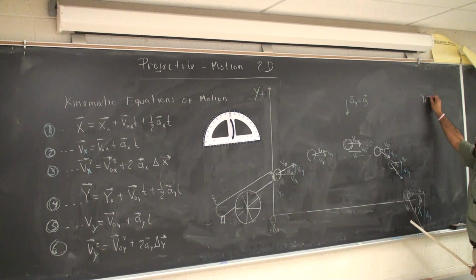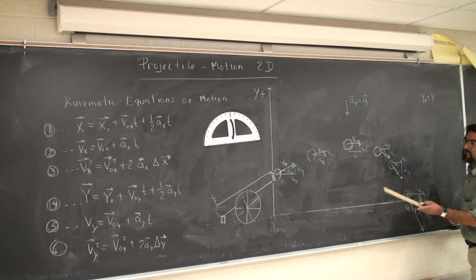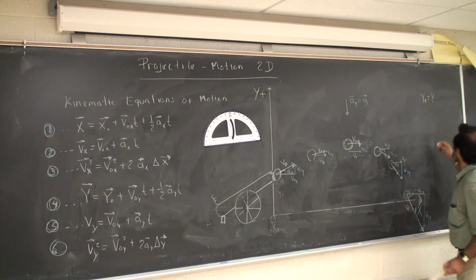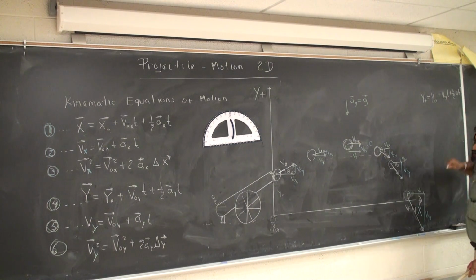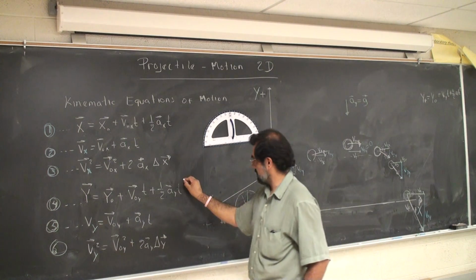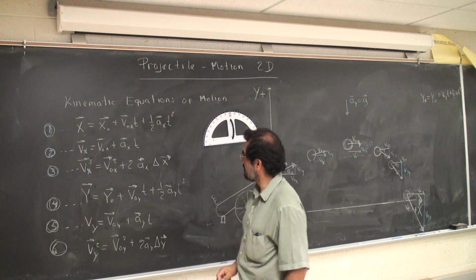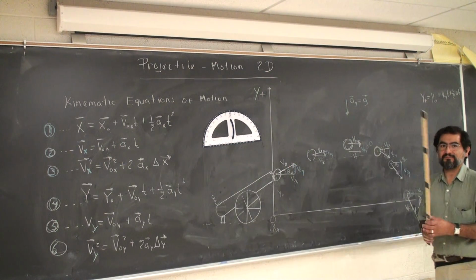Y final equal, I'm going to use equation number 4. Y initial plus velocity initial in y times time plus 1/2 acceleration times time squared. Oh, something that I put not here. That equation.